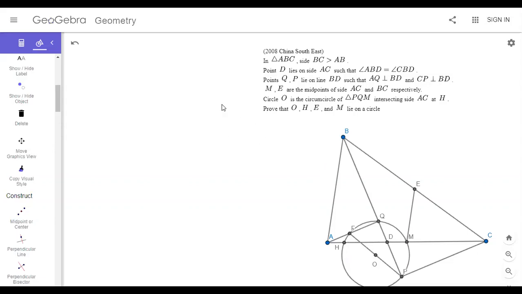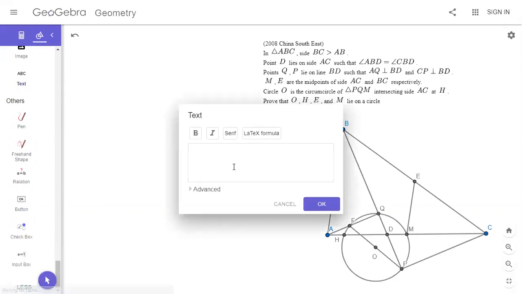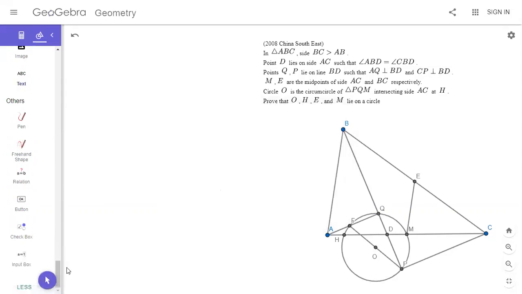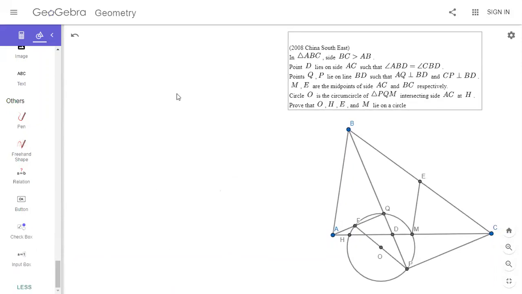It's kind of messy, but let me move the diagram a little bit to make room.